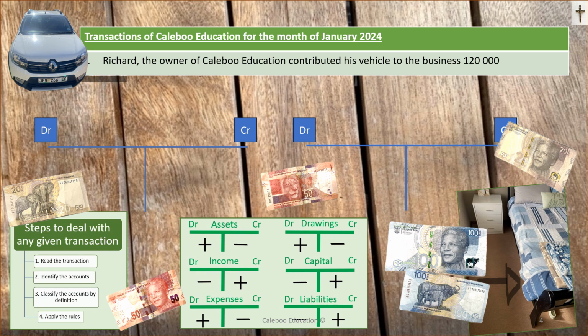This is the first transaction. Richard, the owner of Calibu Education, contributed his vehicle to the business. The value of the vehicle was $120,000. An owner can contribute cash or an asset to the business, or anything to the business.